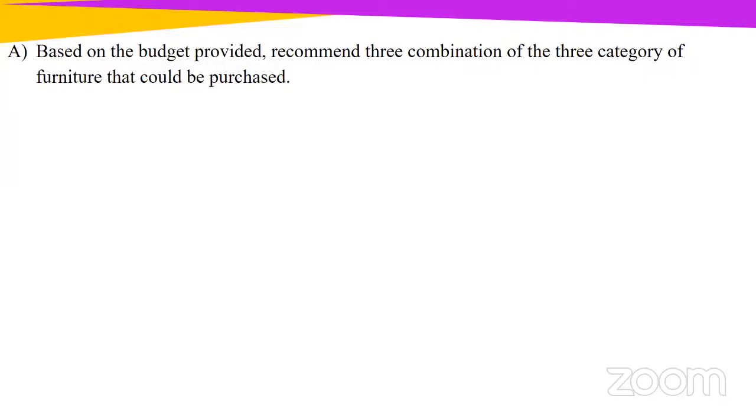Anything else that we need to think about? Furniture, miss. All right, good. And the categories, miss. The categories of furniture, fine. They're also responding in the chat. And the budget provided, miss. So we need the budget. We're looking at the combination and the furniture to be purchased. So can anybody remind me of the budget? Quick, what was the budget that we were given to work with?